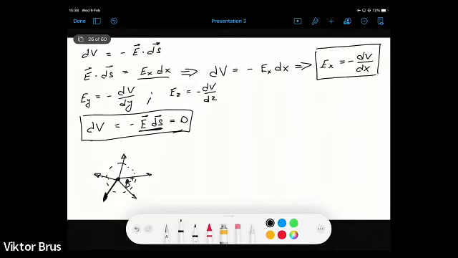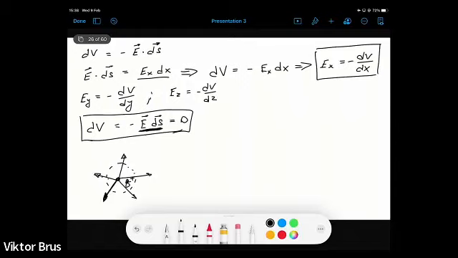And here we also can show it from this condition that the dot product of two vectors, electric field and displacement vector, should be equal to 0.